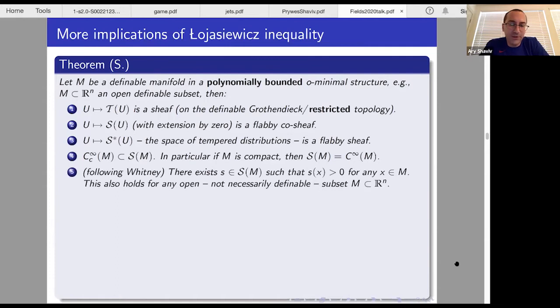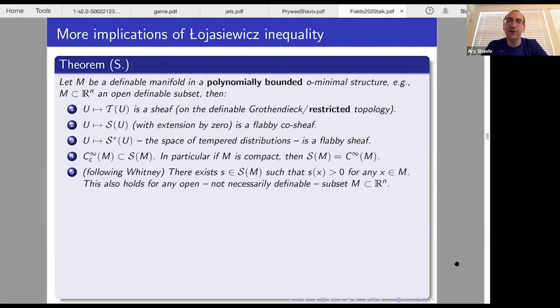And the fourth property, oh, no, I have two more. So the fifth property will be especially important as a motivation, maybe for the second part of this talk: no matter how bad your space is, well, in this case it's definable in a polynomially bounded o-minimal structure, so it's not too bad. But in general, this holds for any open subset of Rn.